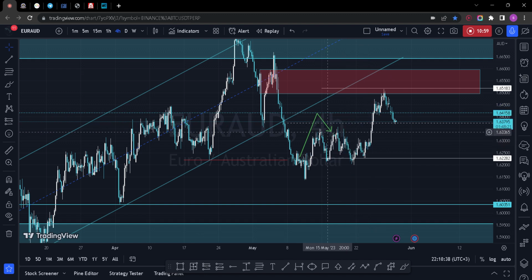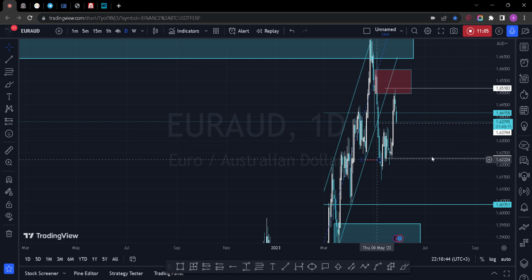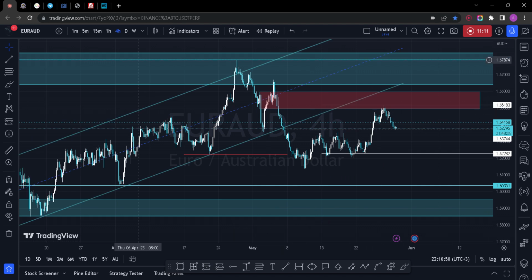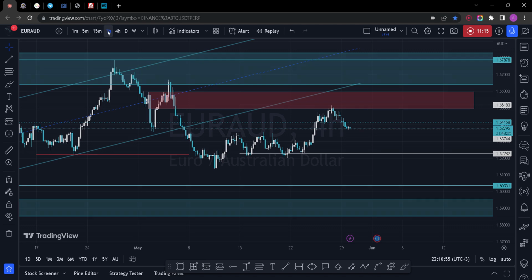So on seeing that the daily structure has been broken right there, then we've revisited the origin and we've had this price action right here.